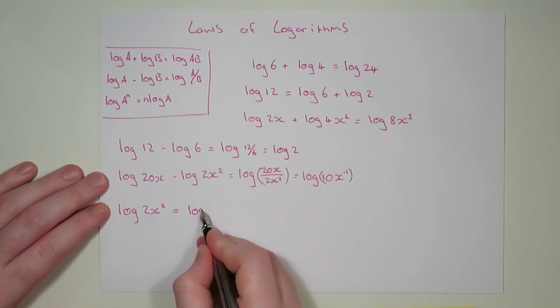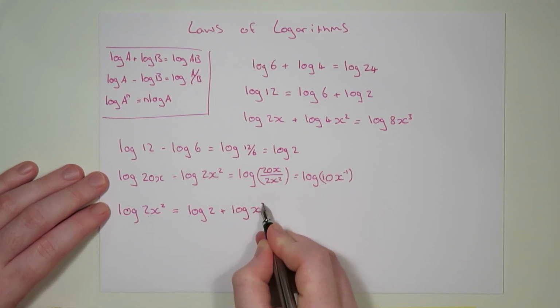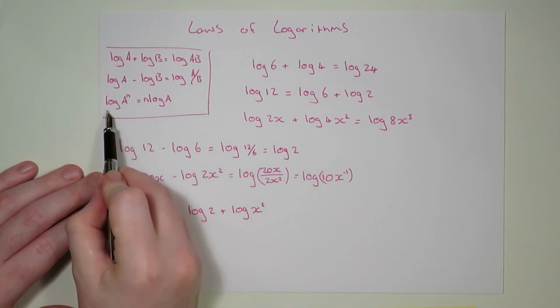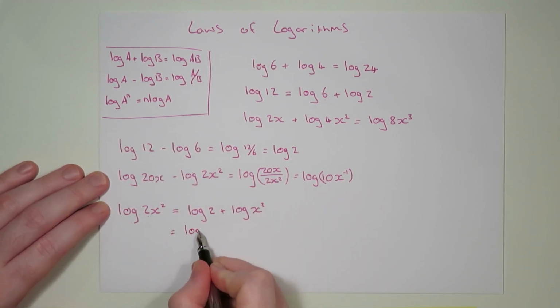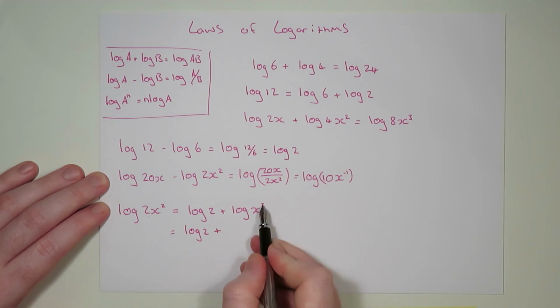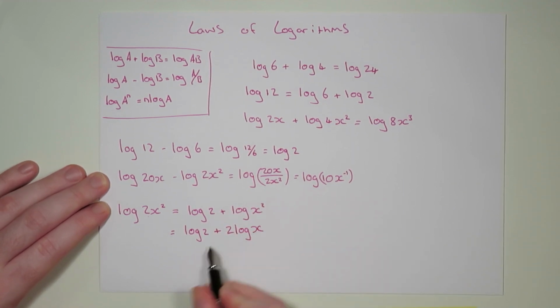So we could say that is log 2 plus log x squared. And then we can use this rule here to say that this log x squared is the same as bring the power to the front and say that's log 2 plus 2 log x. So that's how we use the power rule there.